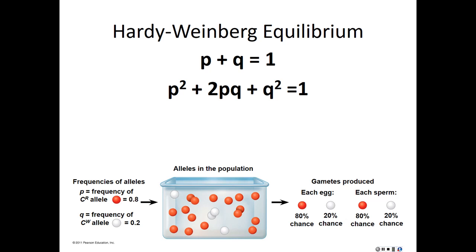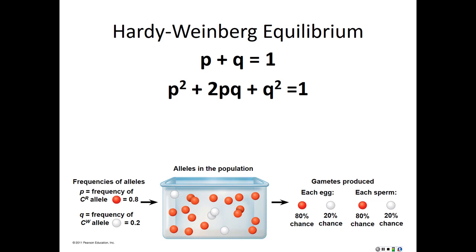So P squared is the frequency of individuals who are homozygous dominant. That makes sense, right? Because they have two dominant alleles, and we're calling the dominant allele P.